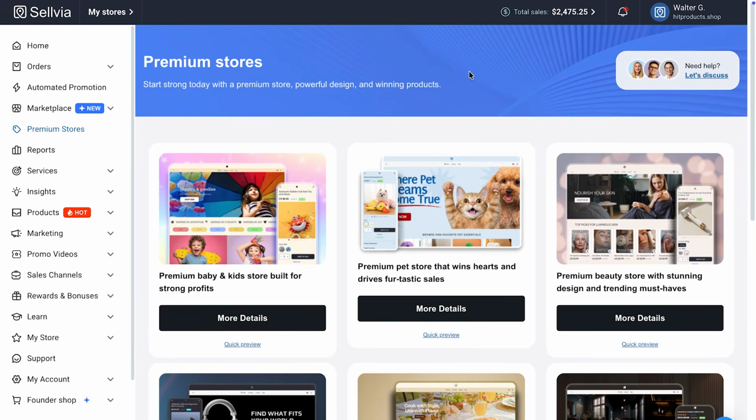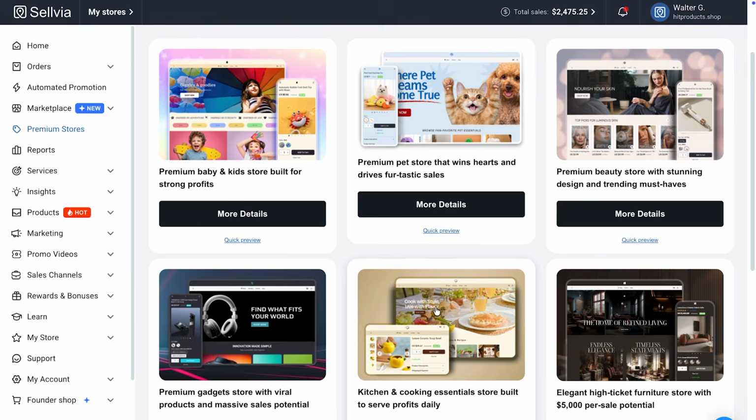Premium stores is another new function that the Sellvia website has. It's pretty great. Basically the idea is that you get access to ready-made stores that are already tailored to specific niches, that have all the tools and products that you need to sell well in those niches. We have kids, pets, beauty, gadgets, all sorts of stuff.